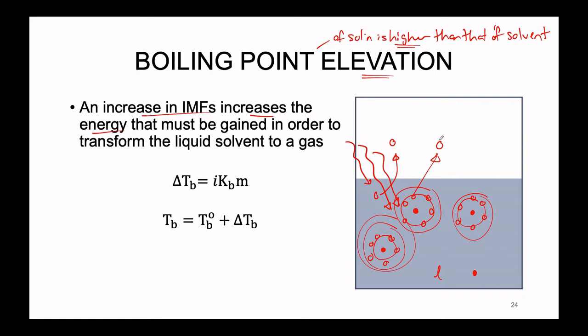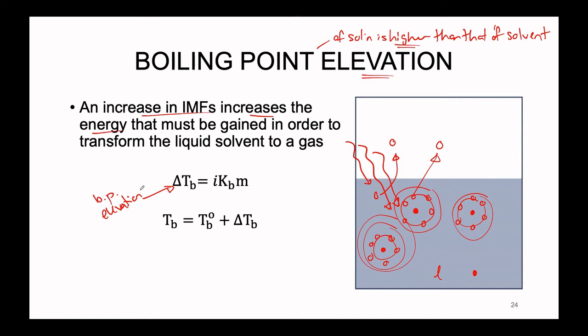So how we can calculate and or predict what the boiling point elevation of a particular solution is going to be is with the equations here on the left-hand side. The delta TB on the left-hand side represents the boiling point elevation itself, by how much your boiling point has changed.